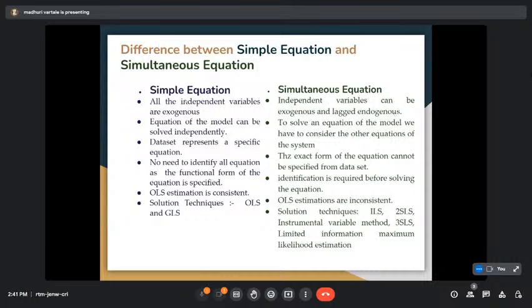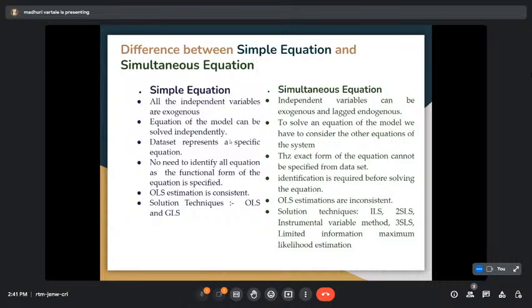Then, under the simple equation, equations of the model can be solved independently, like demand depends upon the price and quantity purchased, like that only. So the data set represents a specific equation.